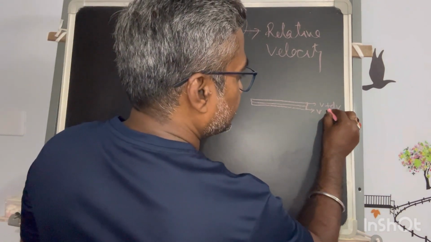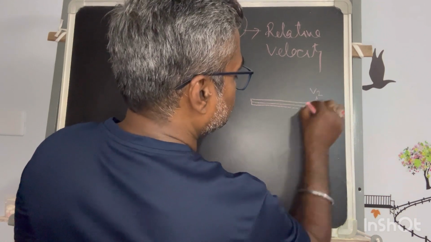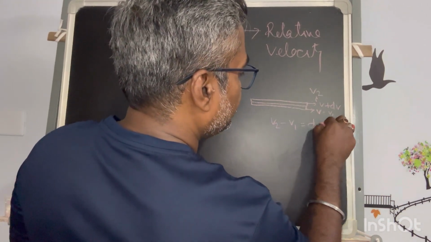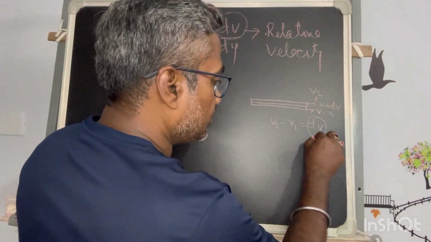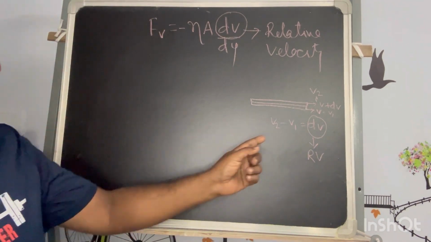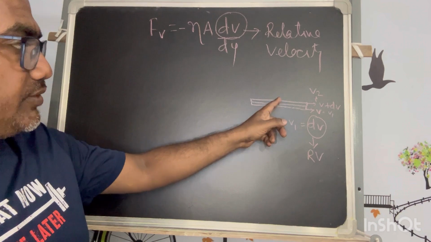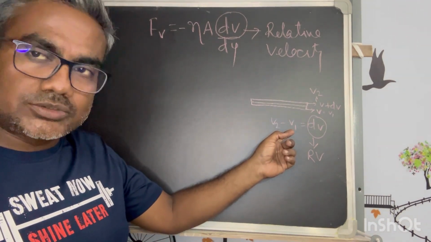So this can be taken as V1 velocity and this as V2, so V2 minus V1 is your dV, the velocity difference, or the relative velocity between the layers. You get it by taking the difference of the velocities, the faster minus the slower.